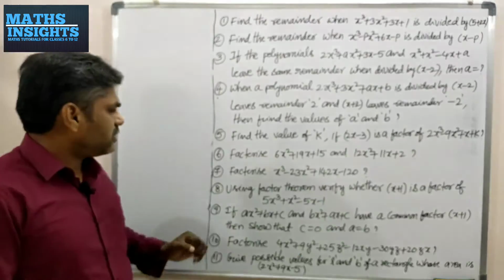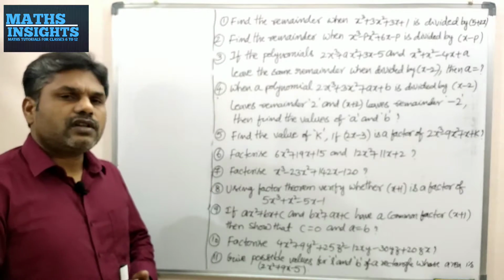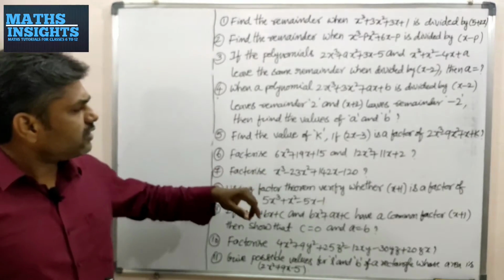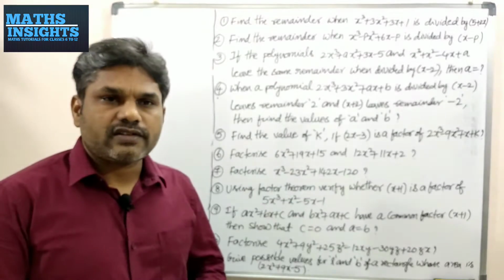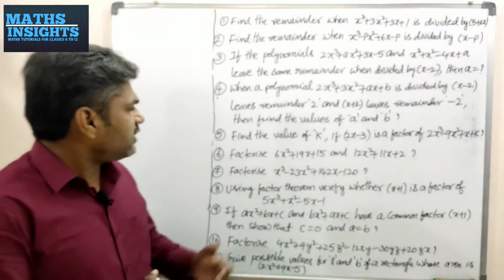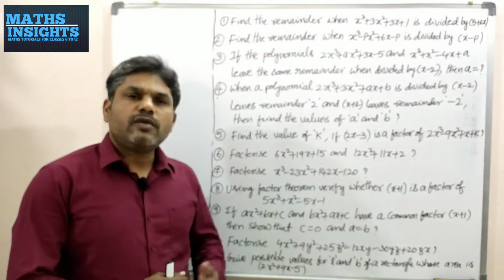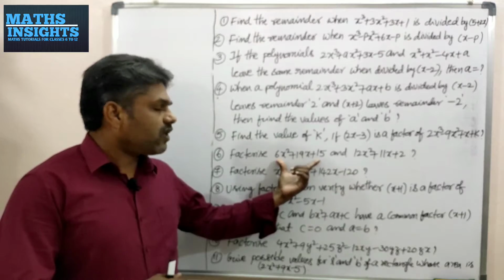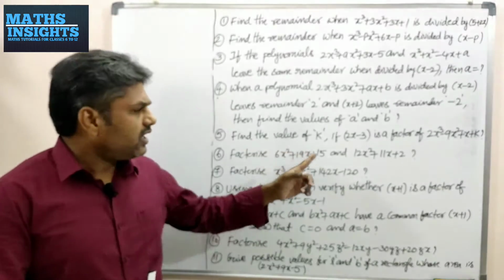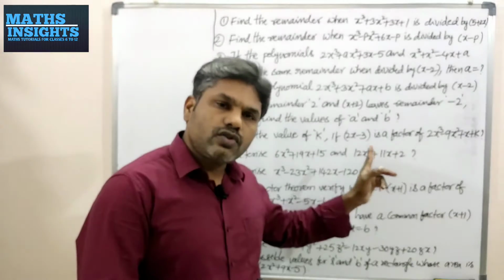Coming to the sixth question. The sixth question is very easy. They have given two quadratic polynomials and they are asking to factorize. You know, the number of factors of any polynomial depends on its degree. So the degree of the first quadratic polynomial is 2, and in this case also 2.